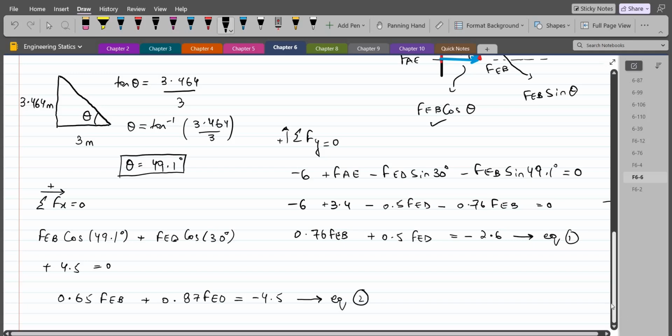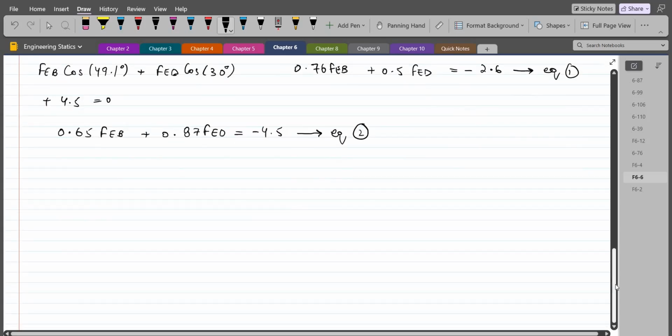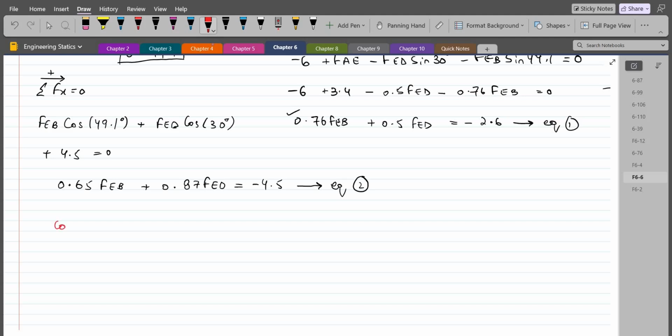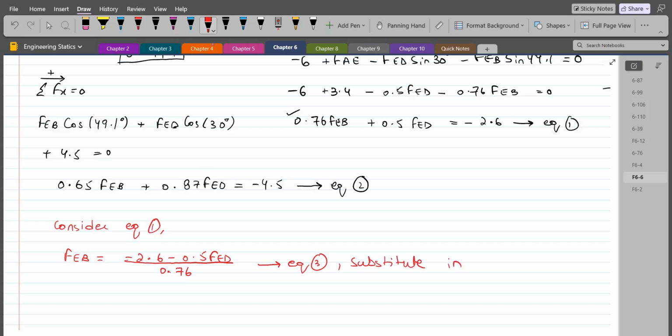So now we have to consider the equation 1 and 2, and we have to solve them simultaneously. So if I consider the equation 1, and if I make the FEB the subject of my equation, I have negative 2.6 minus 0.5 FED divided by 0.76. So let's call this equation 3 and substitute it in equation 2 in place of FEB.